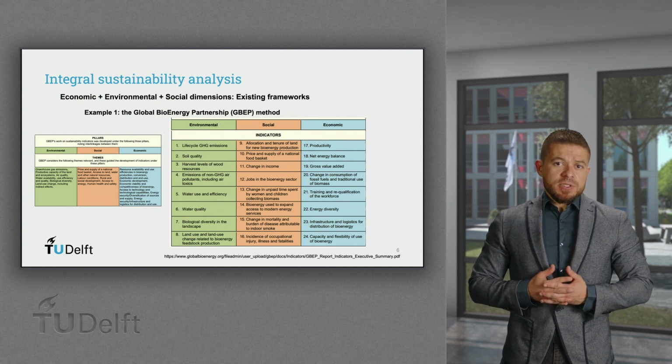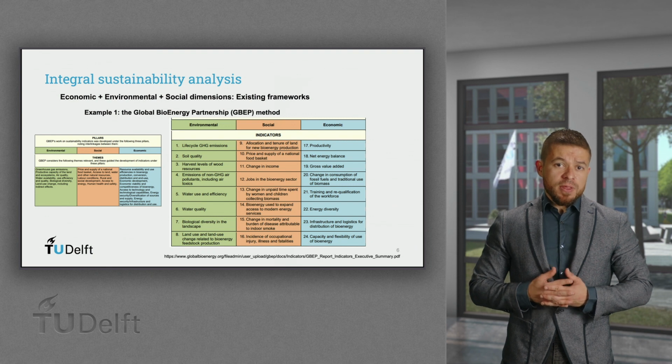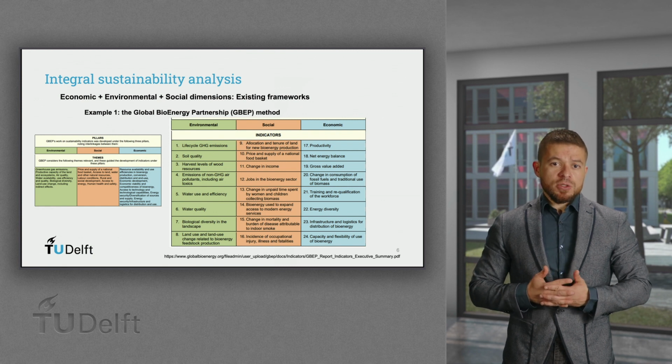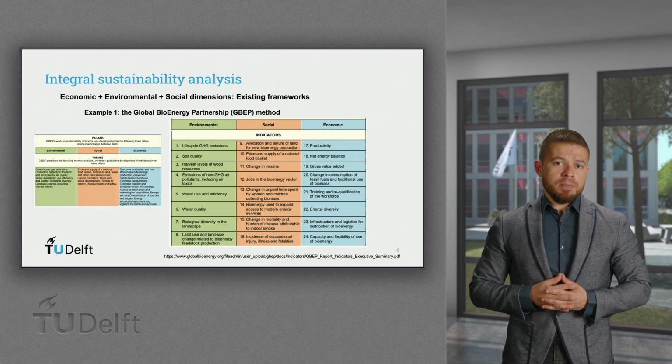And if you take a close look at both the themes and indicators, you will notice that many of them have been covered in previous lectures on techno-economic evaluation, environmental impacts assessment, and social impacts analysis.